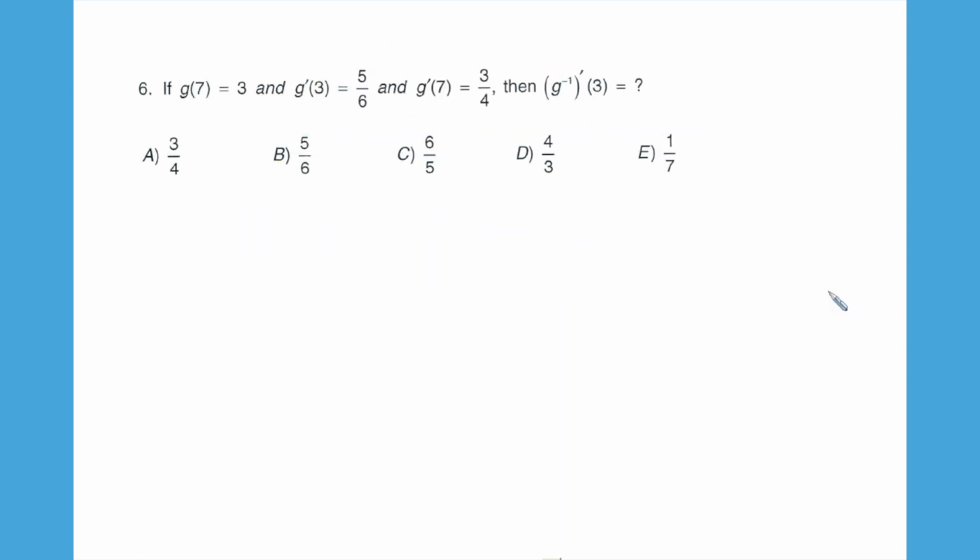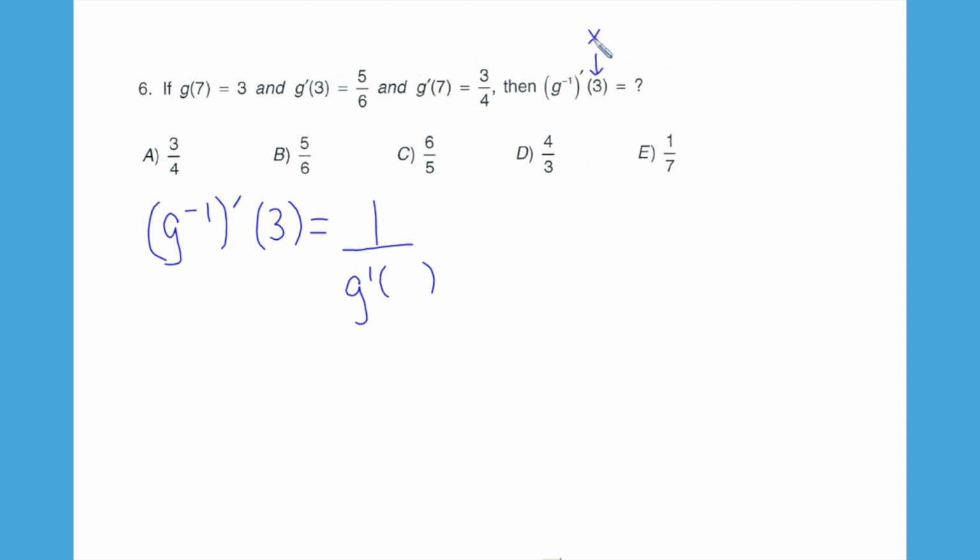All right, so here we go again. We know stuff about g and g prime, and then they ask us about the derivative of the inverse. So I'm going to write down the derivative of the inverse at 3. I'm going to write down the question, and then I'm going to write down what I know I'm going to need to get, and that is the original, not at 3. 3 does not go here, but this is the x of that.